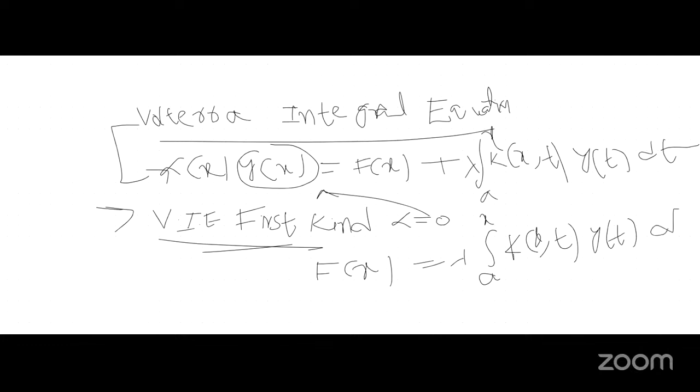This is called the first kind. We just substitute alpha equal to 0 in the standard form.